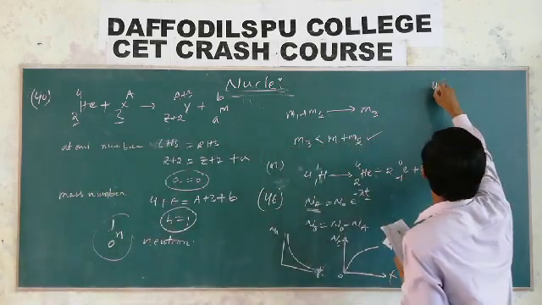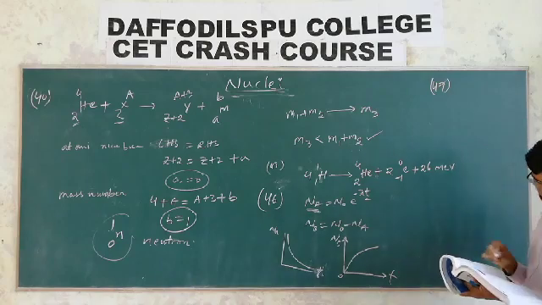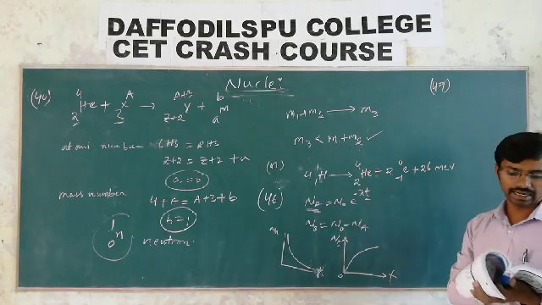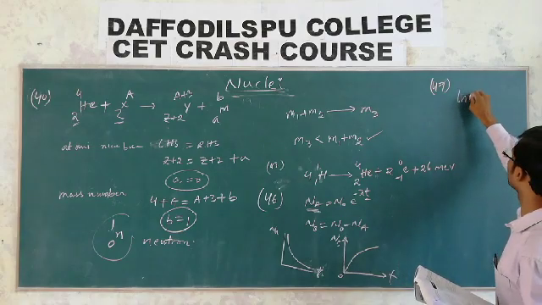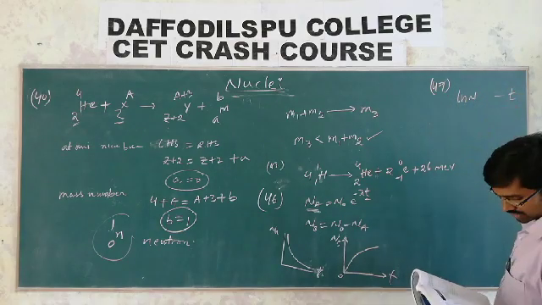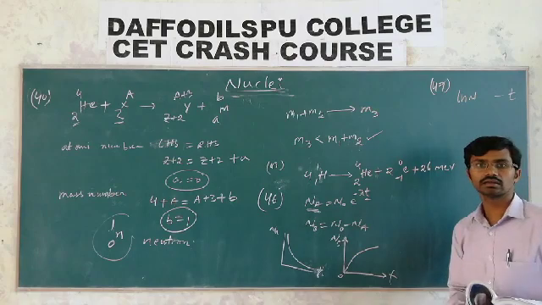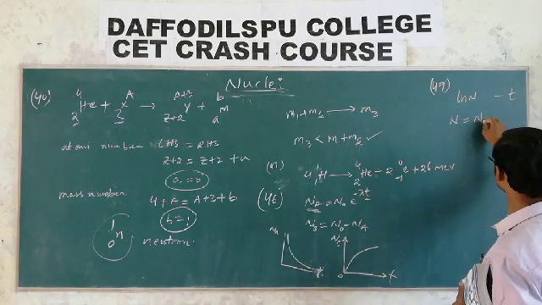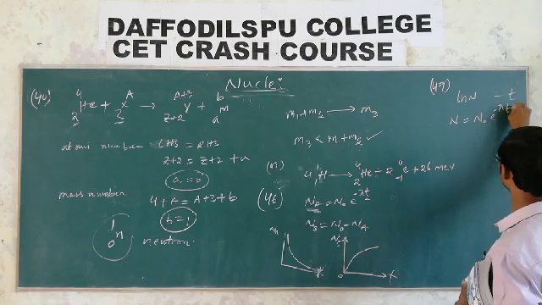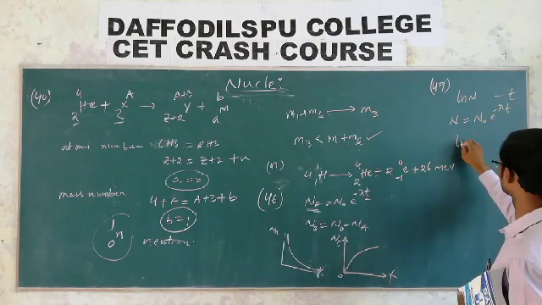47th one. The graph of Ln N against time for a radioactive material. So remember, what is the relation between N and T? N is equal to N0 into e power minus lambda T. Now apply log on both sides.